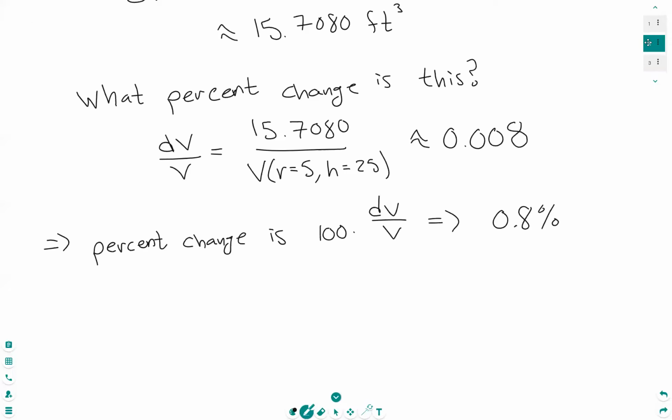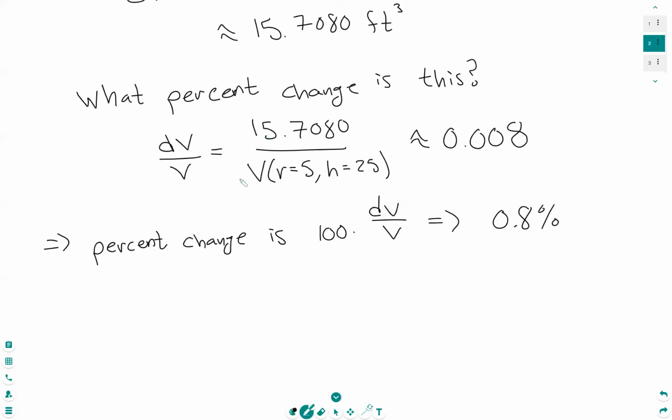Okay, so let's start section 11.5. Oh, we have a question. Let's go back. Why didn't we change the radius and height in the original volume equation? I'm not sure.